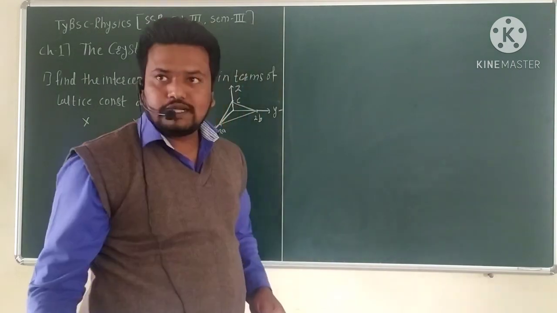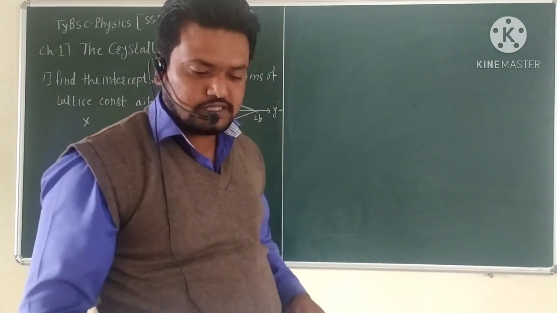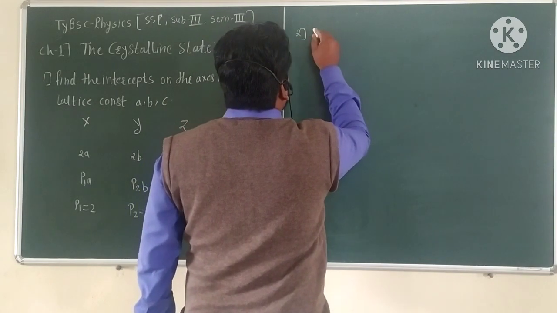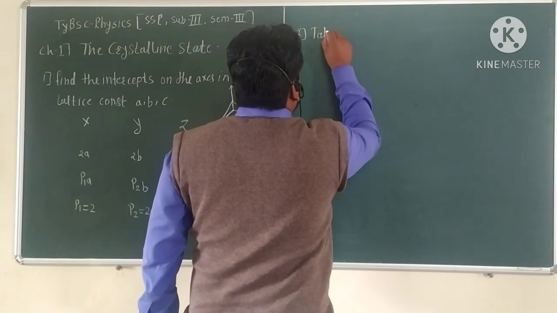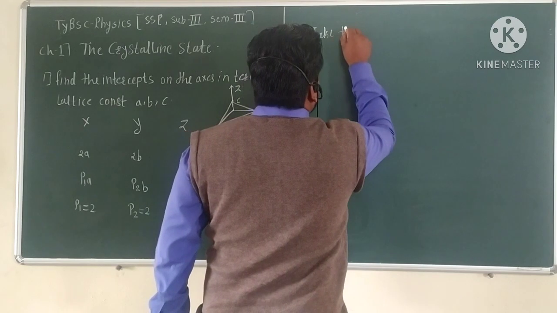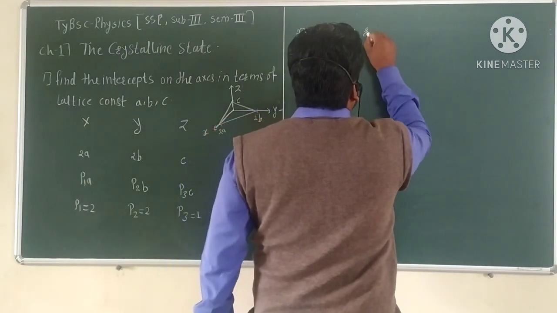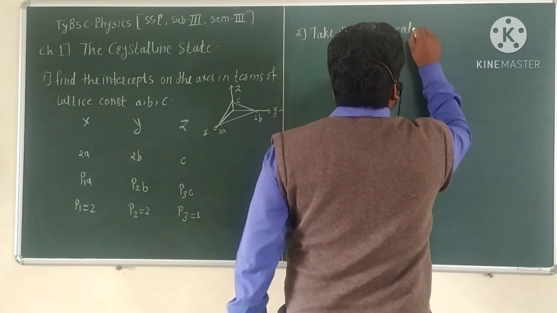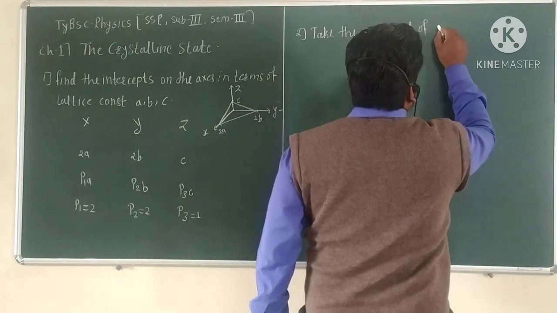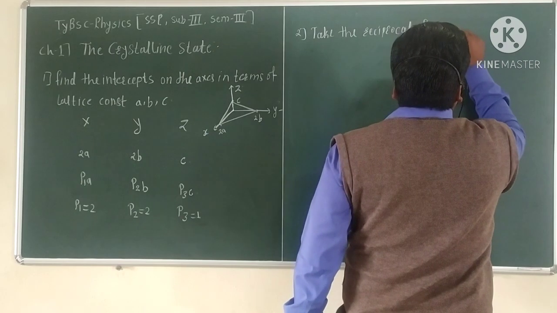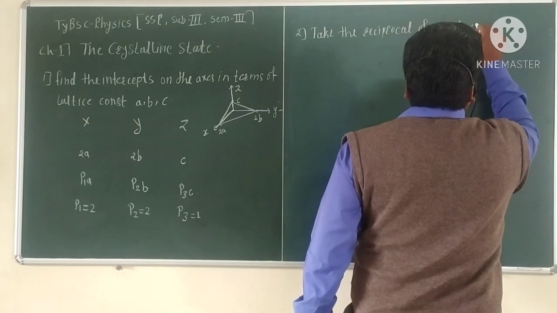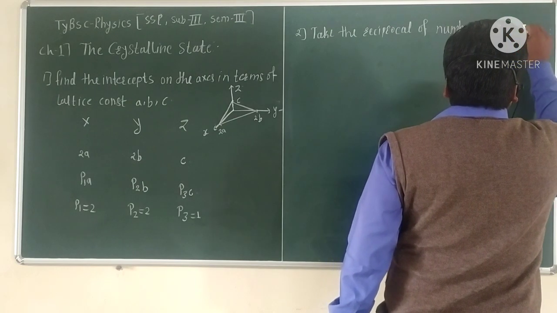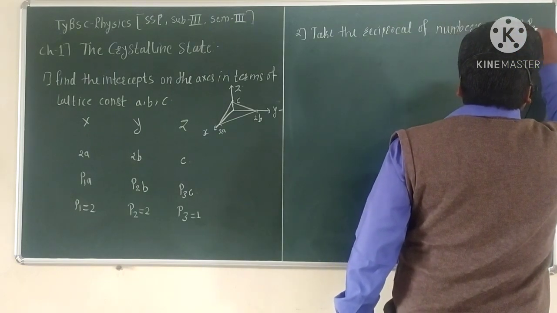The next step is to take the reciprocal of the numbers p1, p2 and p3.